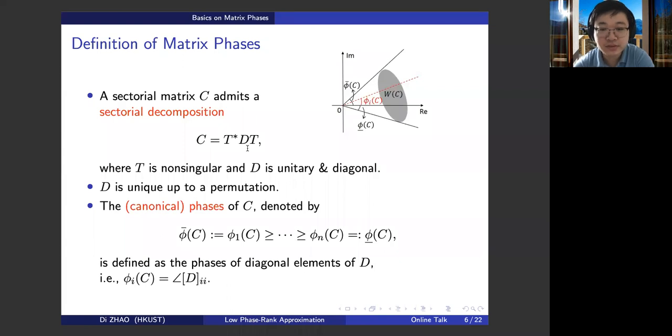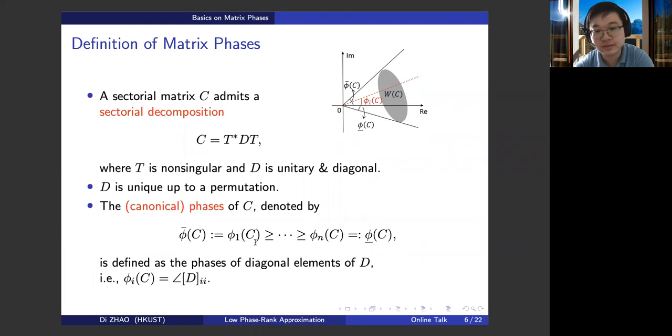This D is unitary and diagonal. And this D is actually unique up to a permutation, which means that we can use this D as our definition for phase in the following sense: we simply denote the phase of matrix C to be the phases of the diagonal elements of D. Just in this way.